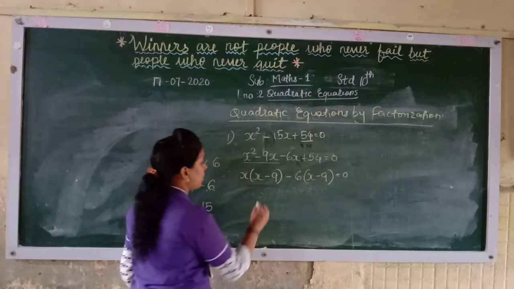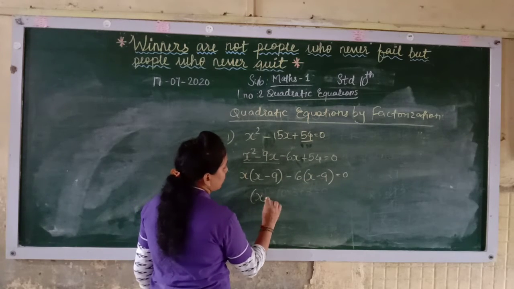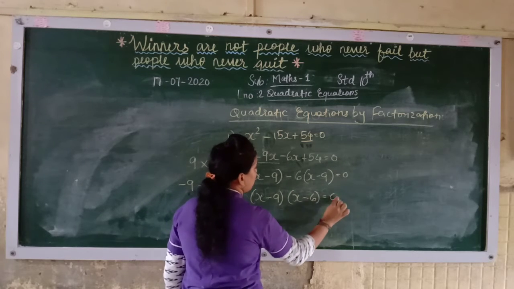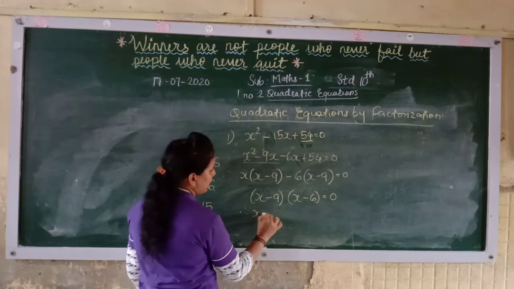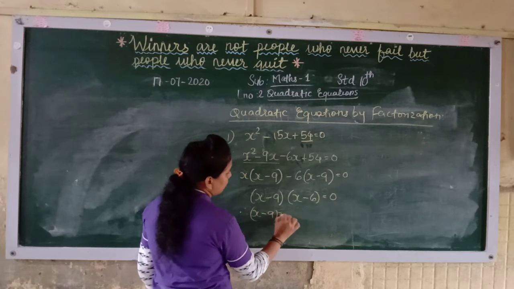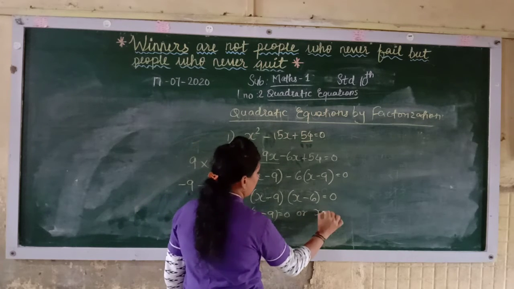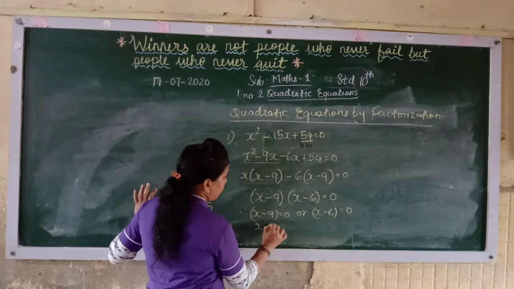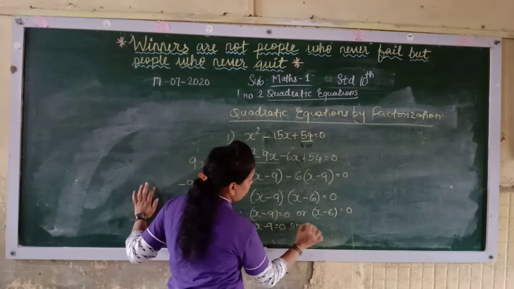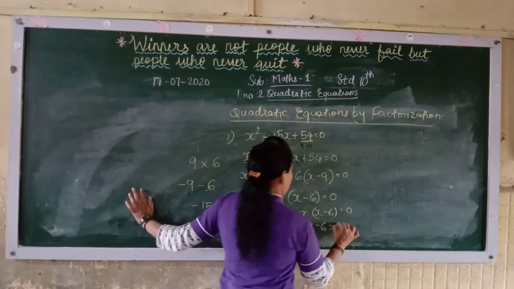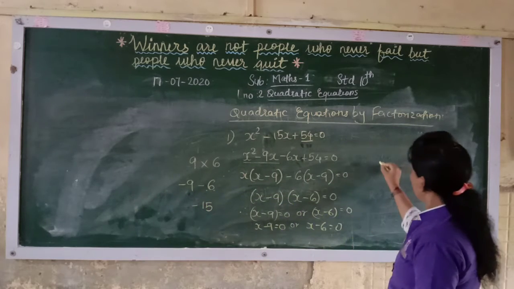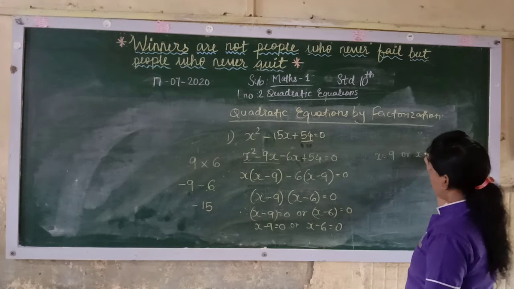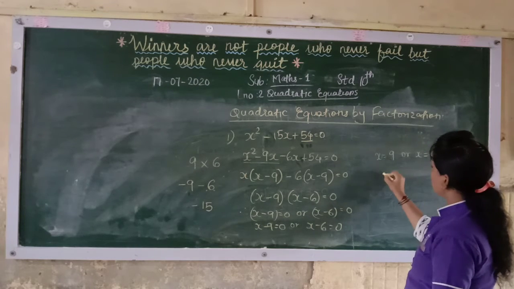So this is correct. So now you will get x minus 9 in one bracket, x minus 6 in another bracket. Therefore you will get x minus 9 is equal to 0 or x minus 6 is equal to 0. Therefore you can open the brackets over here and you will get x is equal to 0 plus 9, that is 9, or x is equal to 0 plus 6, that is 6.